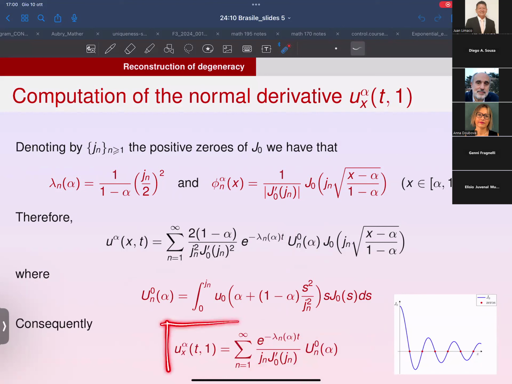So we are going to work with this expression, trying to understand under what kind of assumptions this map depends in a monotone way, in an invertible way, on alpha, on this parameter. Alpha appears here.